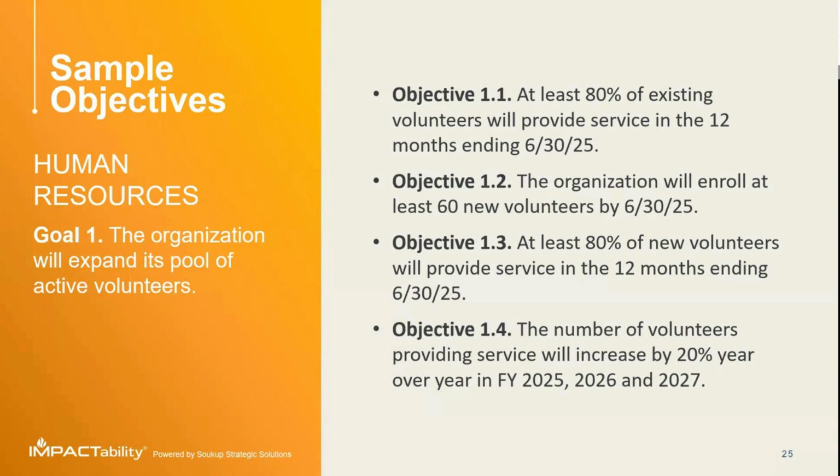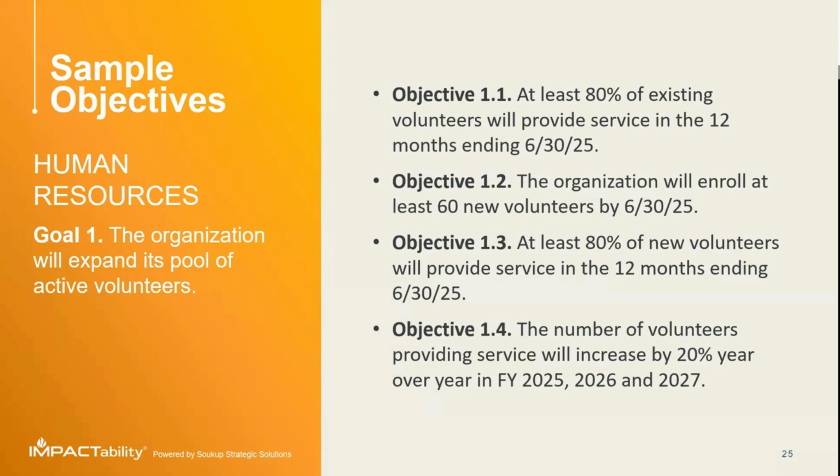The idea here is if you've looked through your organizational assessment and you've determined that you have a large volume of volunteers, but they're not all engaged in service, and that is an issue, and you see an opportunity to involve more volunteers, you have work for them to do, and they can help you succeed in achieving some of your other strategic goals, then maybe one of the goals that you set is to increase the number of existing volunteers that are active in service. So that's just an example of how you might come to a goal like that.